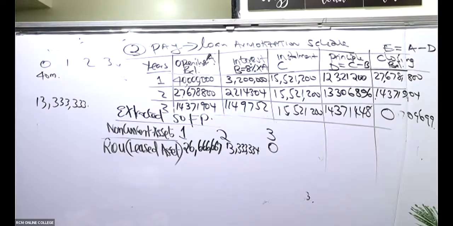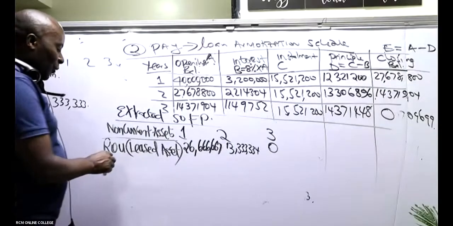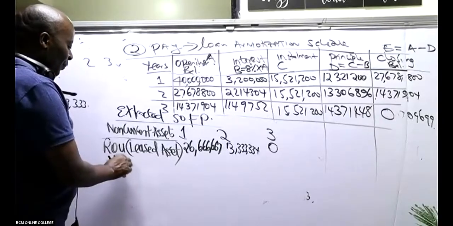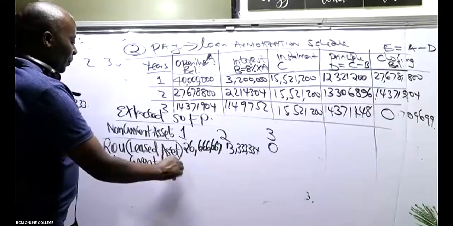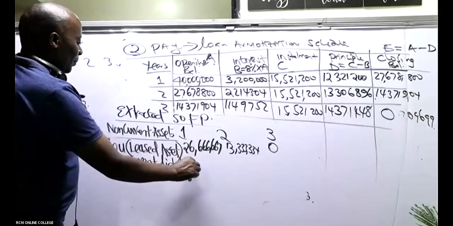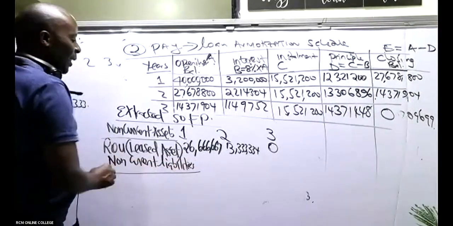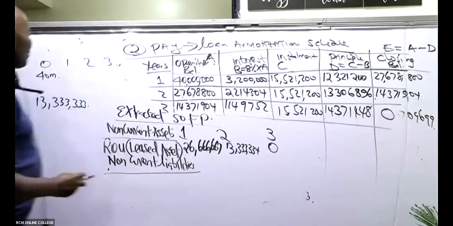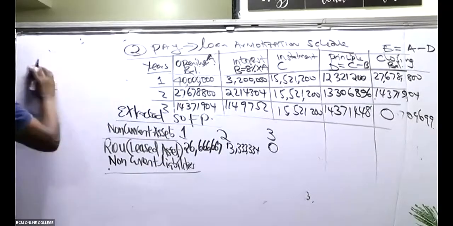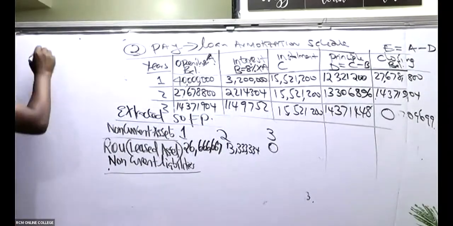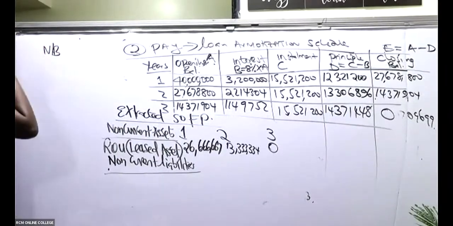Now from there we got the liabilities. So liabilities, I will start with non-current liabilities. Remember, here you must state a note. So what is the note?